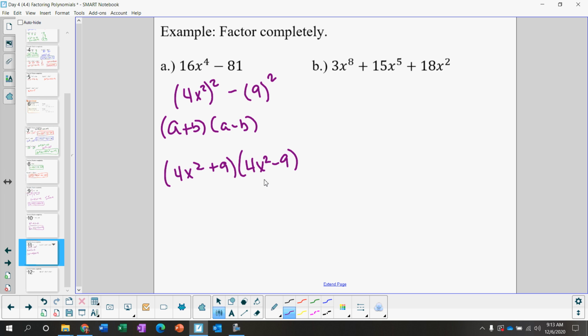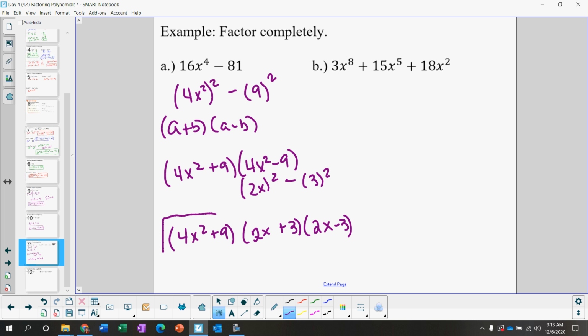Be careful here. This is another difference of 2 perfect squares, 2x being squared and 3 being squared. So our final answer is actually going to be 2x plus 3 and 2x minus 3 times the original 4x squared plus 9.